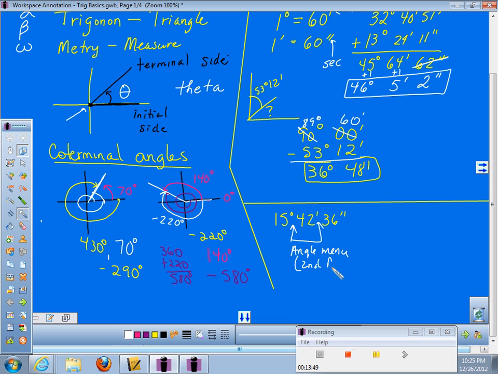Unfortunately, they didn't put the seconds in there. The seconds are at alpha plus sign. If you type that in your calculator just as is, 15 degrees, 42 minutes, 36 seconds, and hit enter, your calculator will convert it to a decimal for you, and that decimal should turn out to be 15.71 degrees.